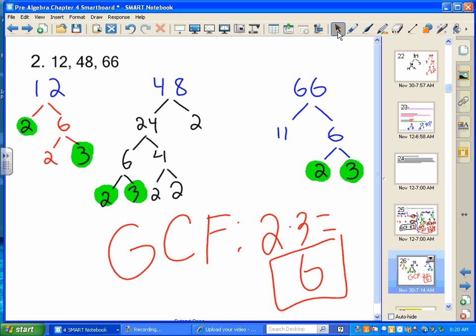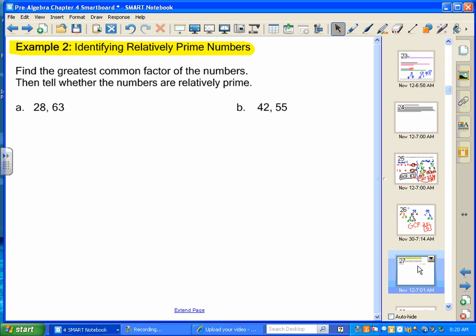All right, on the next page, letter B. Okay, Mary, what do you want to change 42 to? Okay, so 6 and 7. Matt, what do you want to change 55 to?